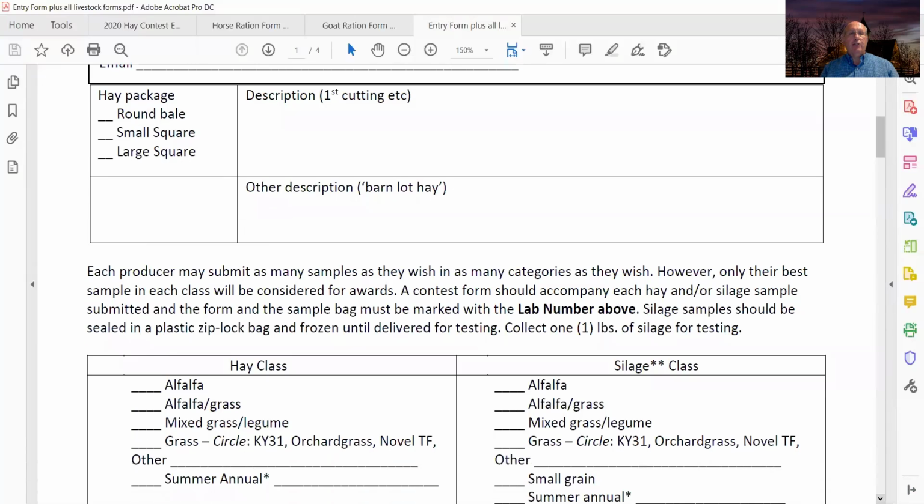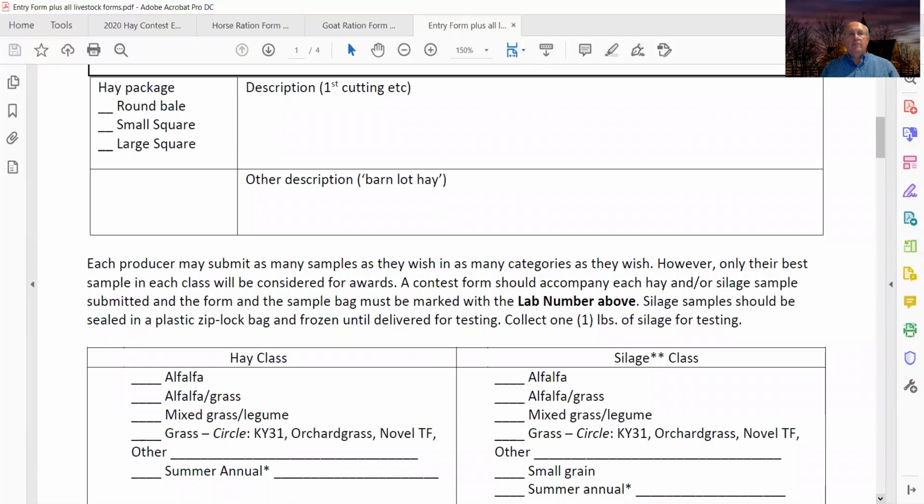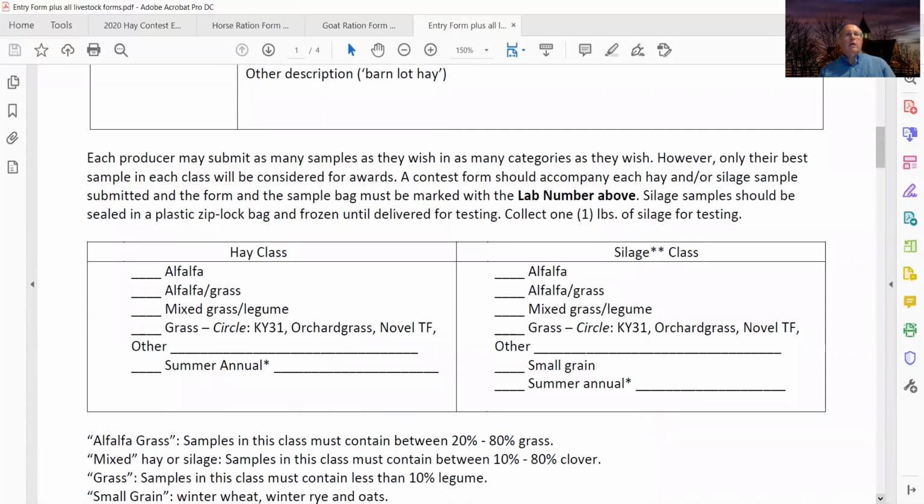Moving on down the page, you can see that we then want you to mark, and this is important whether it's going to be entered into the contest or not, what kind of forage it is, because this is really important for the NIR when we measure the quality. So go ahead and mark whether it's alfalfa grass, a mixed grass and legume, or a pure grass.